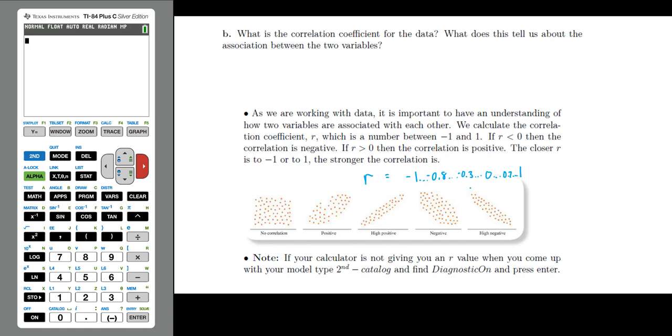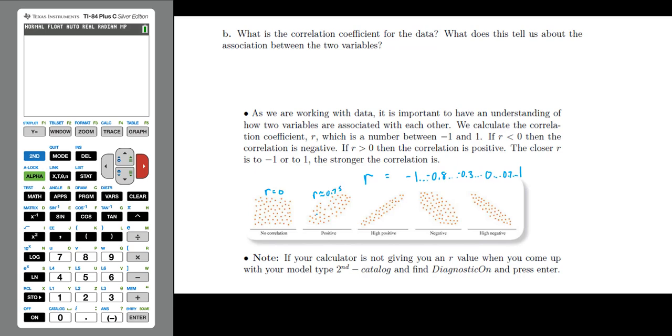Okay, so what happens is an R value of 0 means there is no apparent relationship or no apparent association between the values at all. So this picture right here is what it would look like if the correlation coefficient was 0. Okay, this one right here, this one might be like R is 0.75.